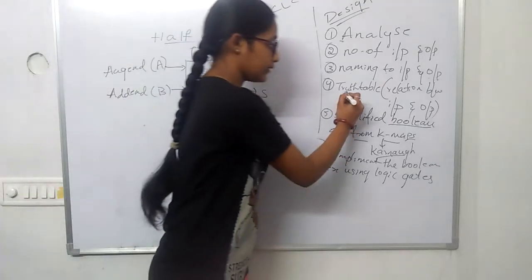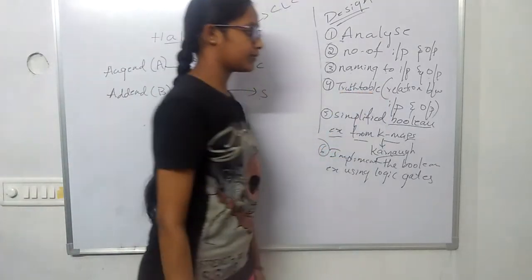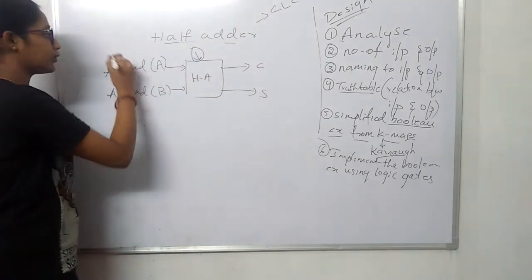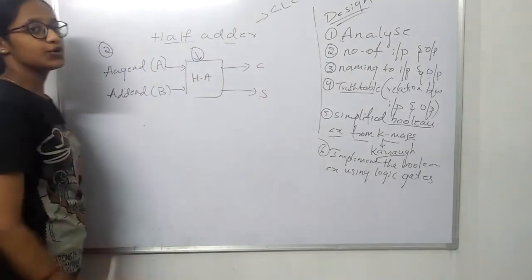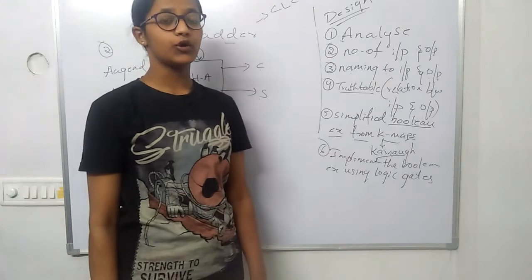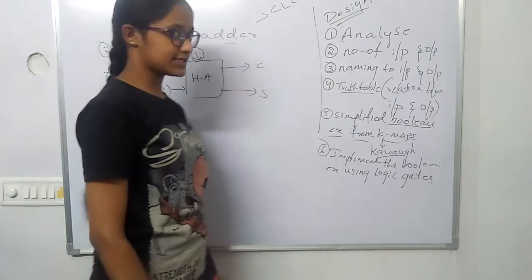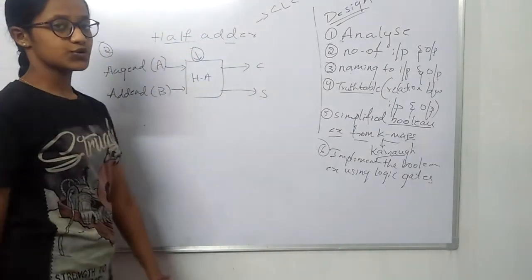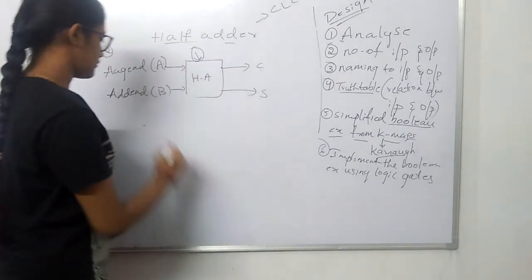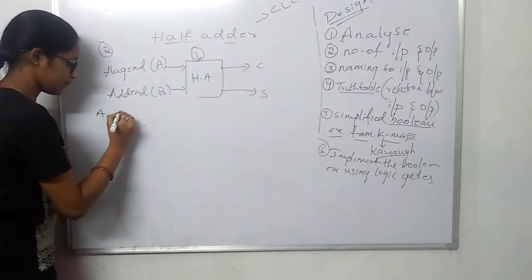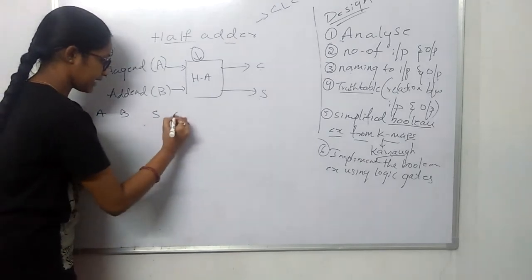Then you have to draw the truth table. As we have 2 inputs, you get 4 combinations, that is 2 power n, where n is the number of inputs. So A, B, and sum and carry.